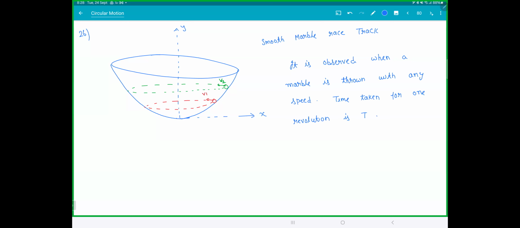Find the equation of the track. This does not happen for every shape.